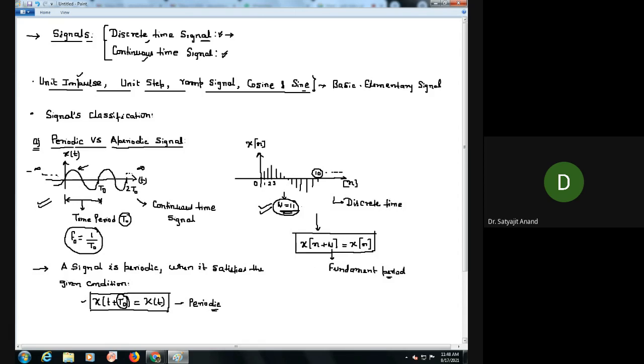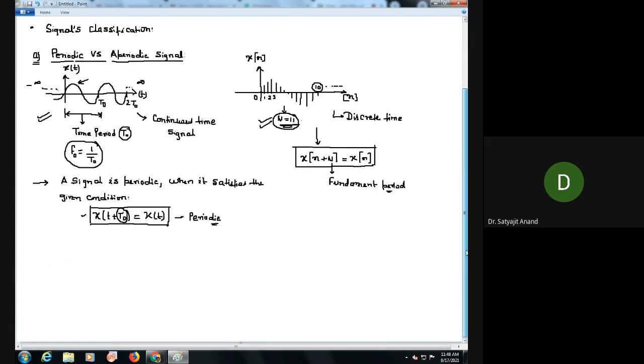How do we find the periodicity of the signals? This is what we are interested in. The question is very important: if a signal is periodic, how to find the fundamental period? We have to see what the solution would be, in detail.